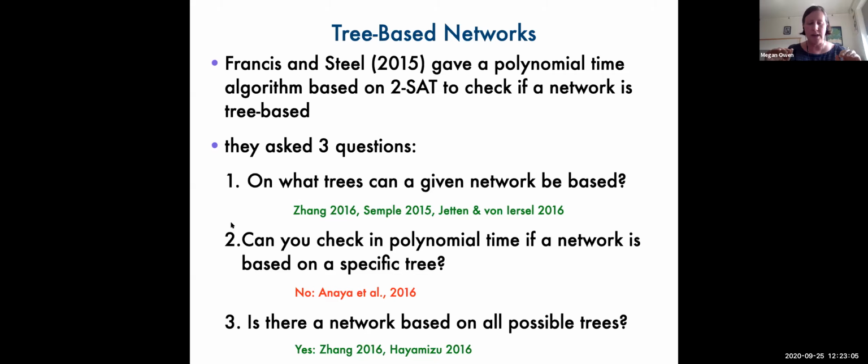So you fix your leaves, and for the case of 4 leaves, there are 15 possible. We're restricting ourselves to phylogenetic trees, so binary ones, I think, too, actually. You're assuming that as you go to each degree, it splits in 2. And so the question is, is there a network that would be based on all 15? Got it. Okay, thank you.